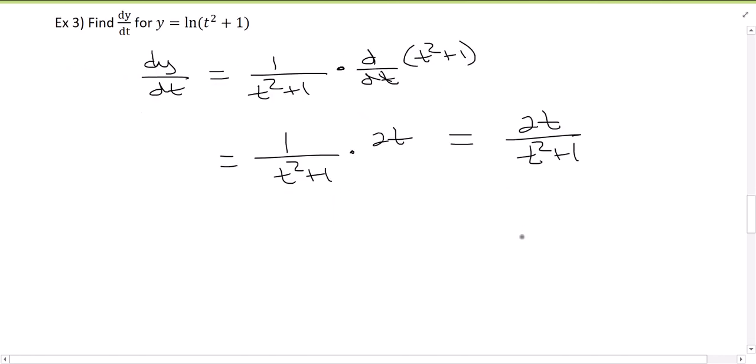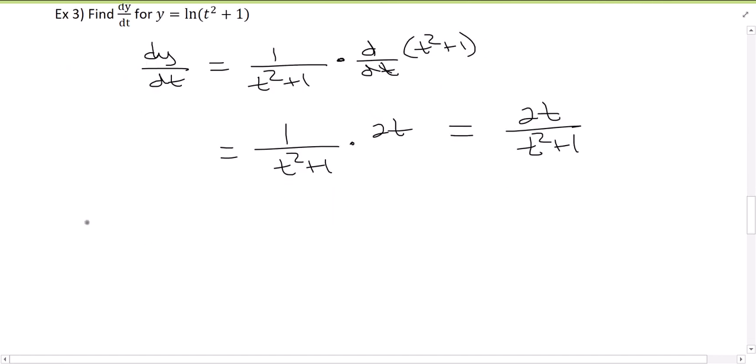You may see in your book that the way this is written is that, so I'm going to rewrite my functions. For f of x equals ln of x, f prime is equal to 1 over x.